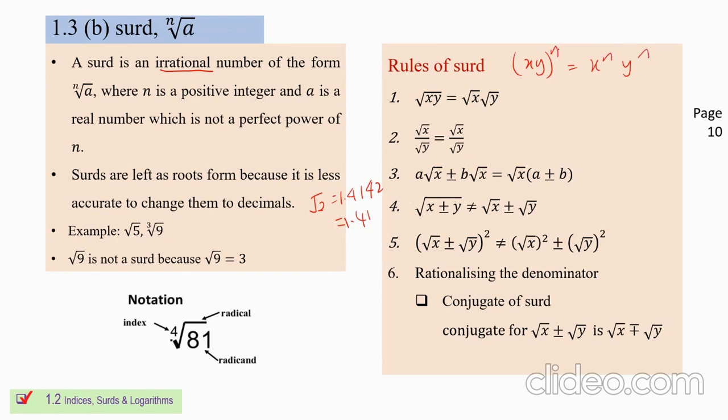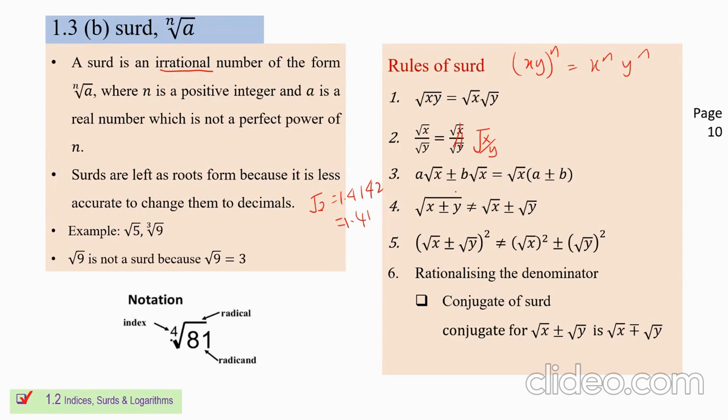So you change your n to become the power of 1 over 2. This is the rule of surds. For division it is also the same: surd x divided by surd y, you can write as the surd of x over y.